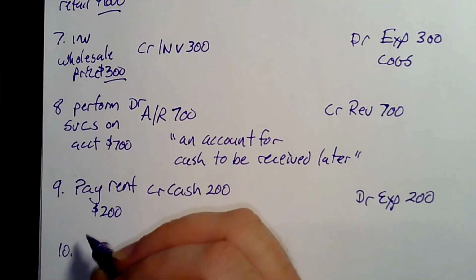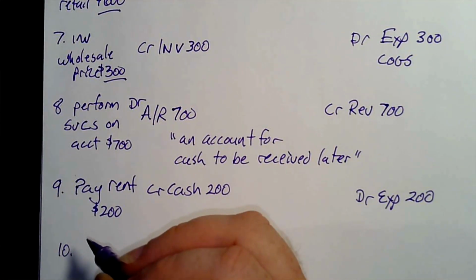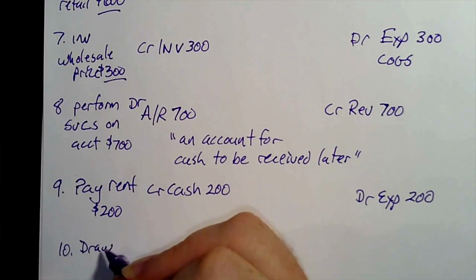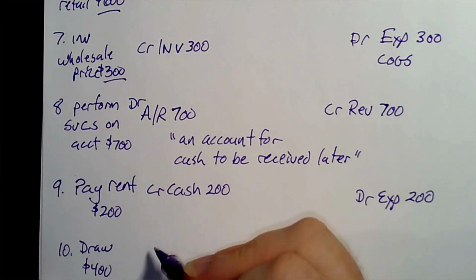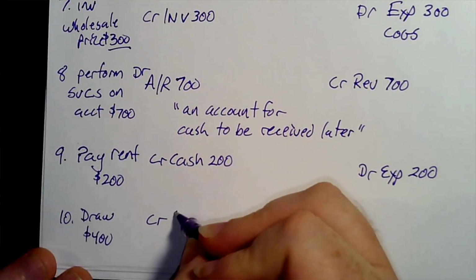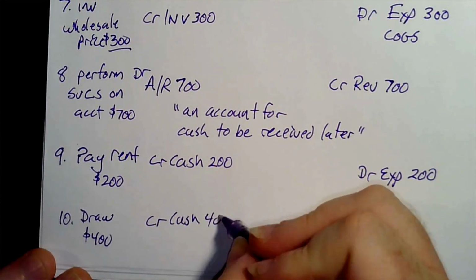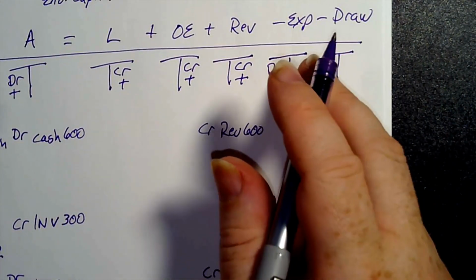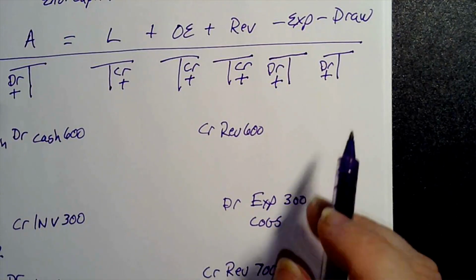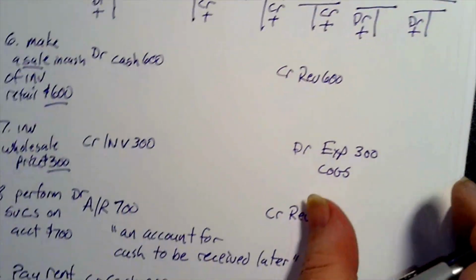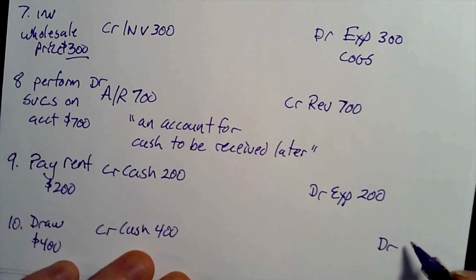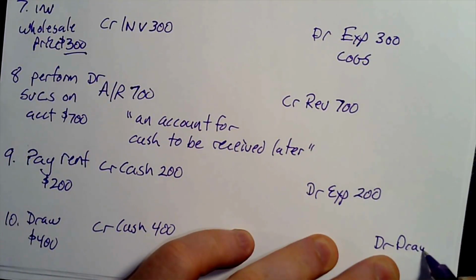So we're going to draw, let me see, how much did I say I was going to draw? I'm going to draw 400. So again, cash will go down by 400. And this will be this last category here, draw. Now it acts the same way as an expense. So we have a credit to cash, therefore we have a debit to a draw of 400.